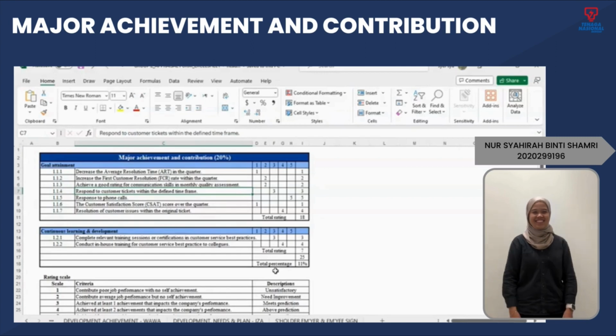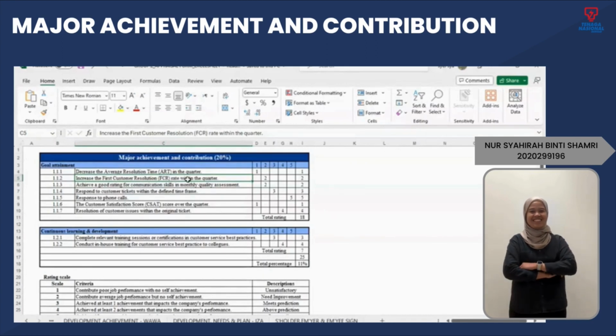I am Syahirah binti Shamri, and I will elaborate on the major achievement and contribution section in this appraisal form. From this appraisal form, the assessment in terms of goal attainment will be based on improvement in average resolution time, which is to increase the first customer resolution within the quarter.